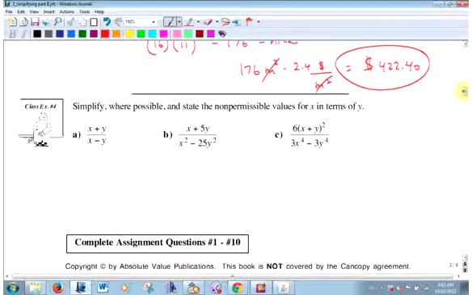Okay, how's this one different? Simplify and state the non-permissible values. How are these ones different than the ones we've already done?